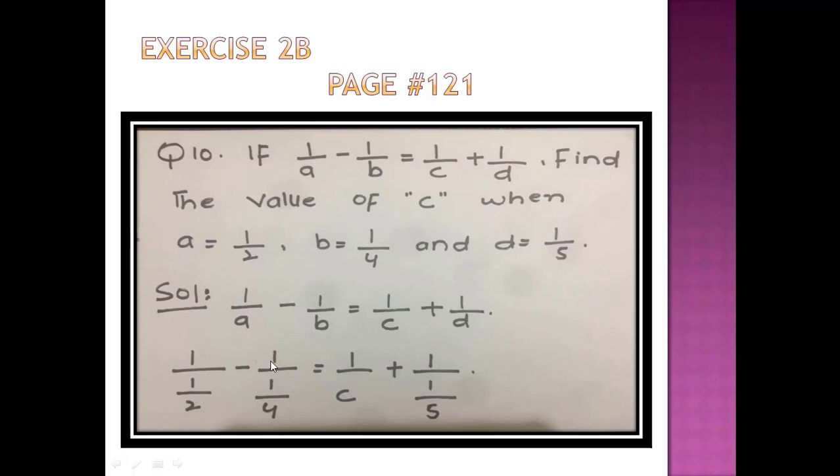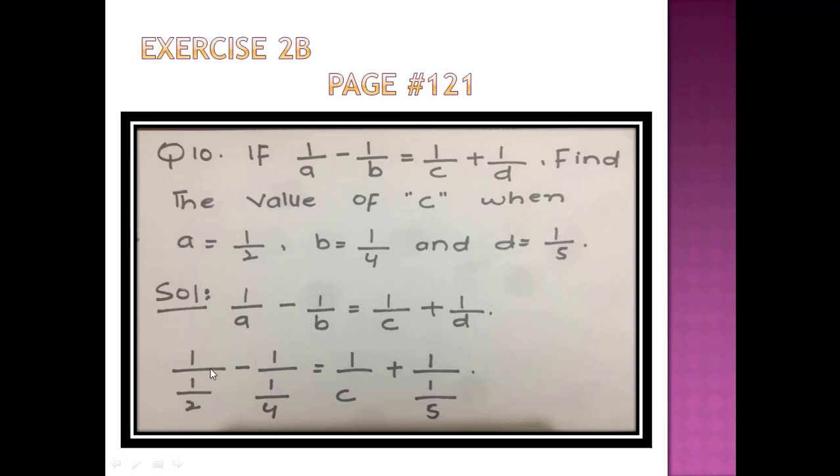Minus 1 over 4, b is equal to 1 over 4. So that is equal to 1 over c as it is, because यहाँ पर हम फाइंड कर रहे हैं, find the value of c, so that's why, plus 1 over 5 is the value of d. अब आप यहाँ पर देखें, we have two fractions.